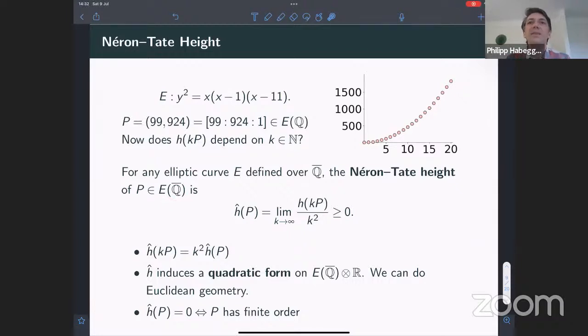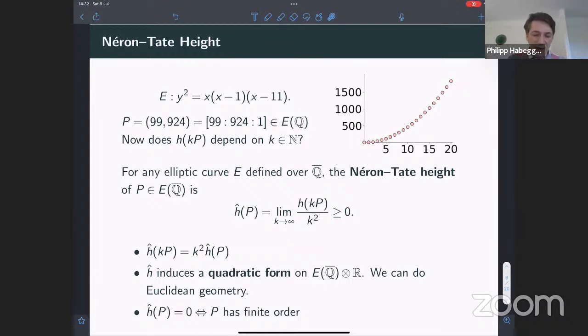And so this height has nice properties that are compatible with the elliptic curve. So this is no longer just a height on projective space, but a height attuned to the elliptic curve itself. For example, if I multiply a point by k, then I'm multiplying the Néron-Tate height by k squared, just because if you plug in a multiple, then I'm shifting the sequence by a factor of k squared.